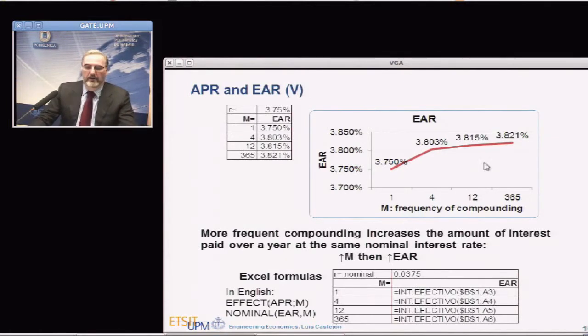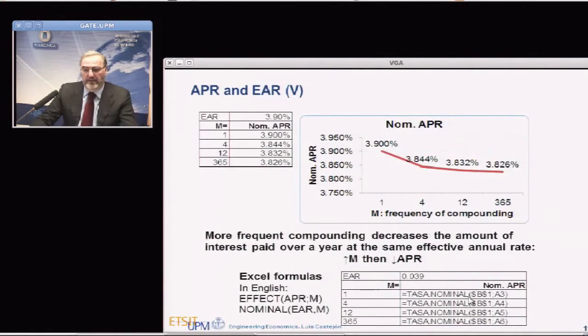So that's the idea, that as the number of compounding periods increases, as the frequency of compounding increases, the effective annual rate increases. So in Excel, we have formulas to calculate that, effect and nominal. You see here, in Spanish, interés efectivo, and you see the nominal, tasa nominal in Spanish.